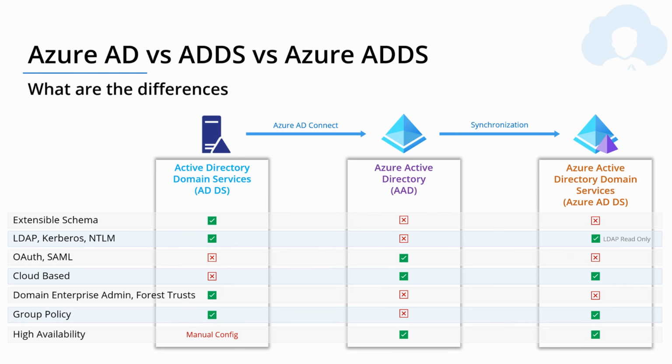So if you have some legacy applications, Azure Active Directory Domain Services allow you to take advantage of some of the features from the classic on-premises directory services.